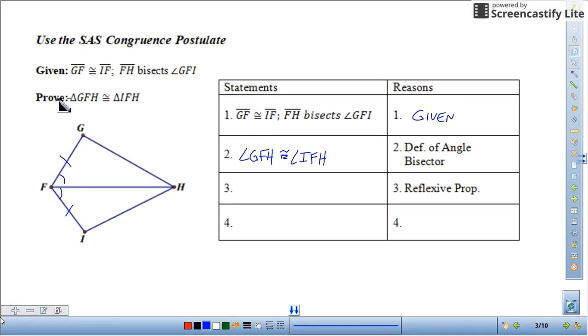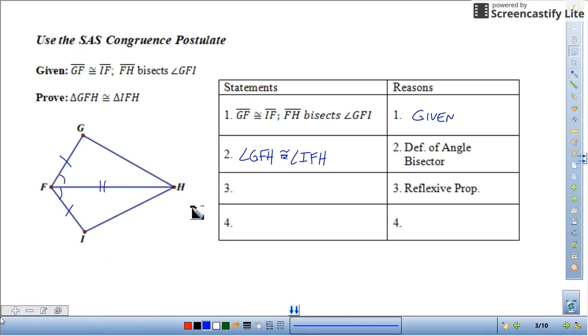So when we look at this, if we're using side, angle, side, that order is really important. We have a side, we have an angle, so we're going to have to show that this side is congruent to the corresponding side in the other triangle. Well, when you look at this drawing, you're going to see that FH is the same side in both of our triangles.